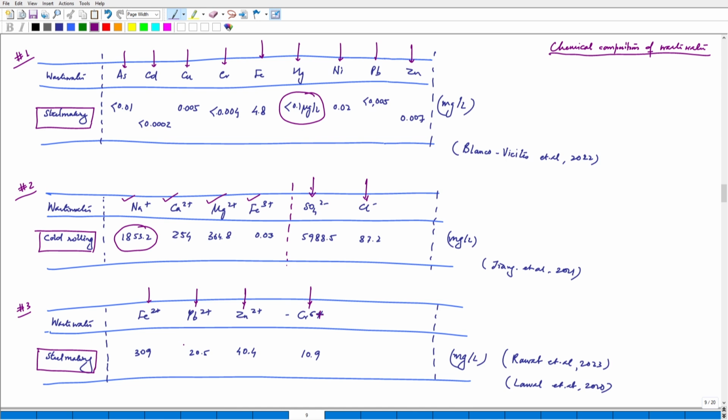So we see that the concentration of various metal ions can fluctuate by a large margin. At times we can have, let's say, a single digit concentration, and at times it can go to hundreds. This depends on what is the source of wastewater.